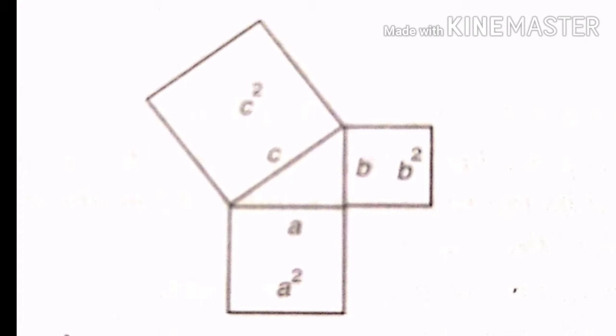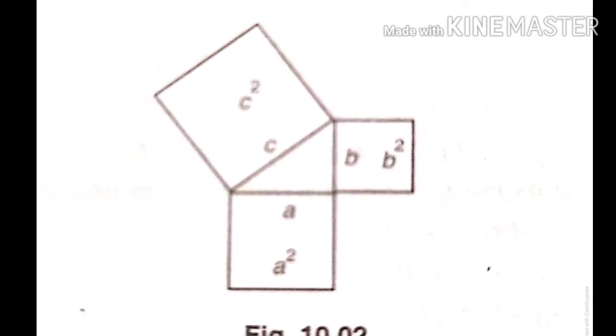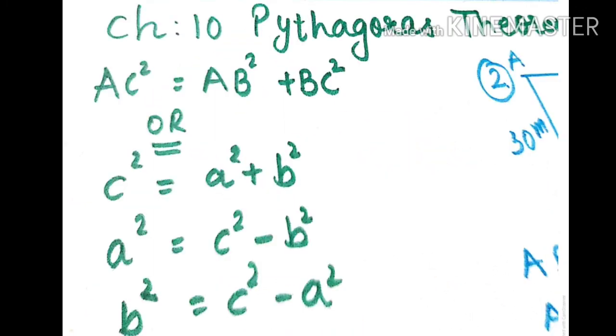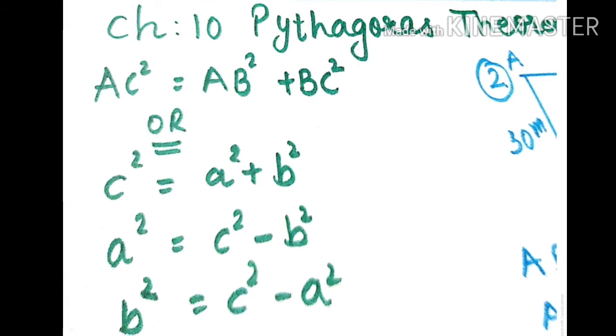Then in a right angle triangle, the square on the hypotenuse is always equal to the sum of the squares on the remaining two sides. And ultimately, if one side or two sides are given, you can find the third side of a right angle triangle, which I have written as a formula here. You have to remember these formulas now.